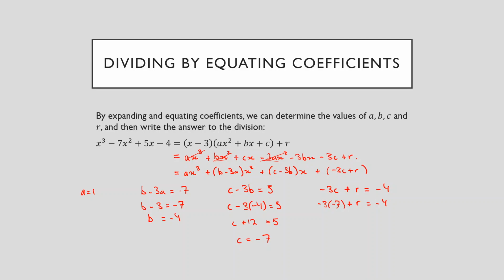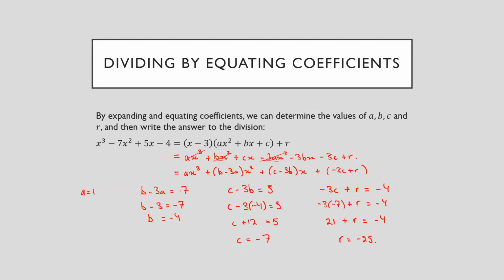Negative 3 times negative 7 is 21, plus r equals negative 4. I can subtract 21 from both sides, and I get r is equal to negative 25.